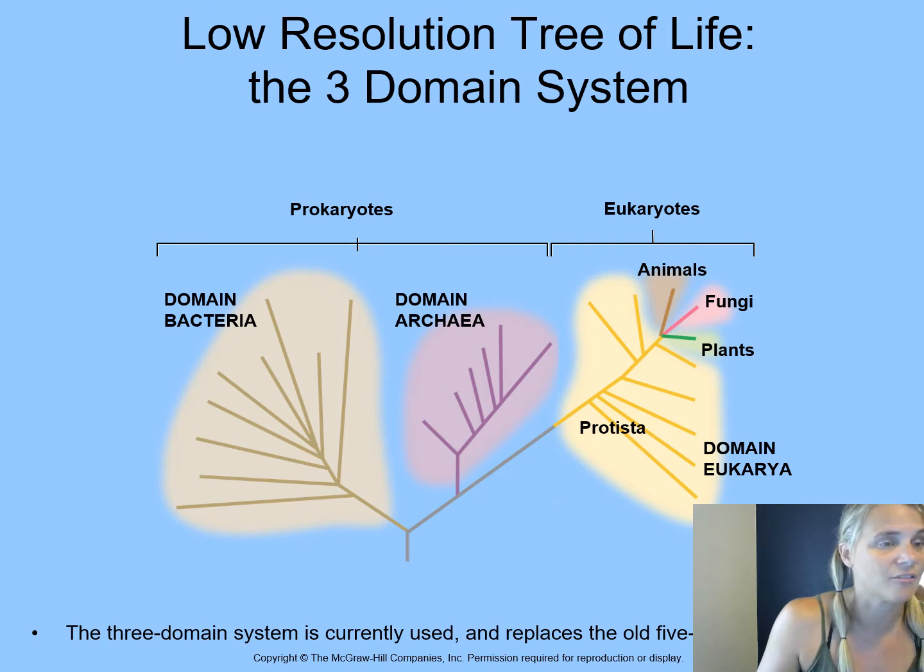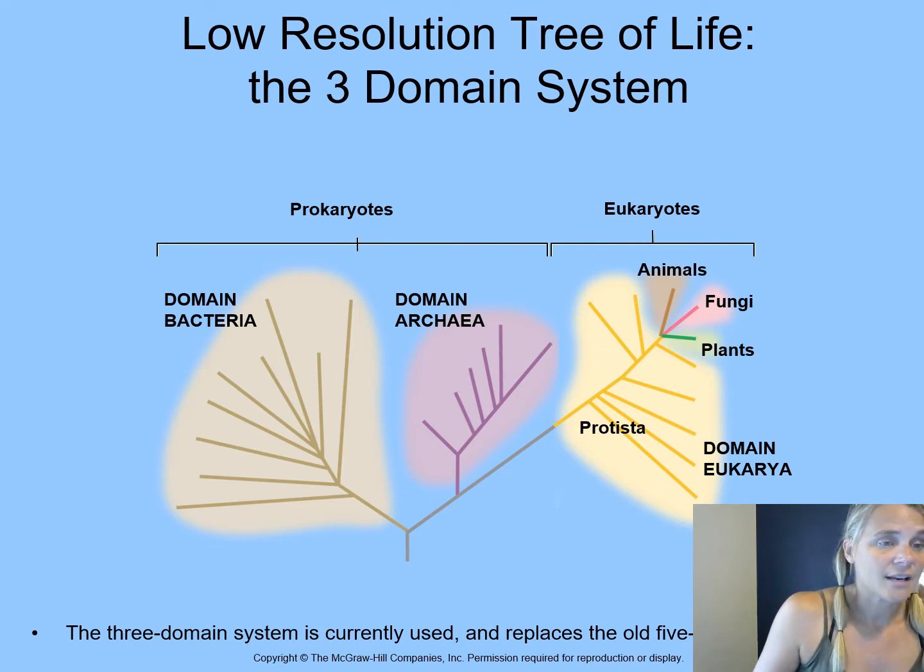This is called an evolutionary tree or a phylogenetic tree that represents those three domains that are present in taxonomy. So the first domain is called domain bacteria. Another domain is called domain archaea. And the last domain was the one we just spoke about, which is domain eukarya.